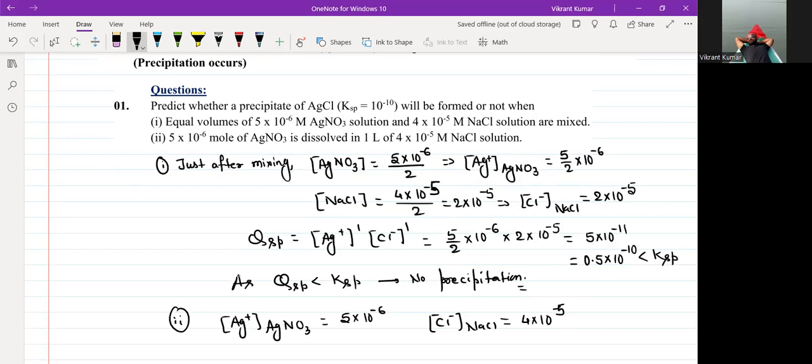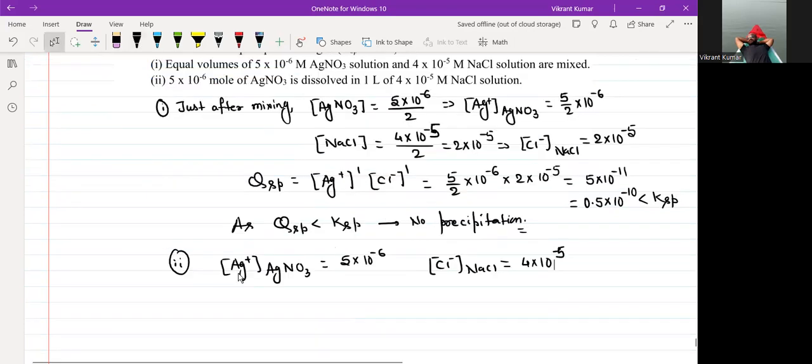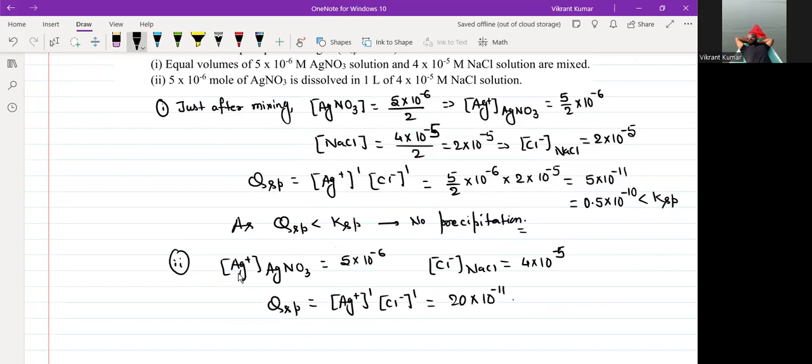And now in this case, if you calculate QSP, which is Ag plus raised to 1 into Cl minus raised to 1, it will become 20 into 10 raised to minus 11, which is 2 into 10 raised to minus 10. And that is greater than KSP because KSP was simply 1 into 10 raised to minus 10. And that's why we are saying that as QSP has become greater than KSP, precipitation will occur.